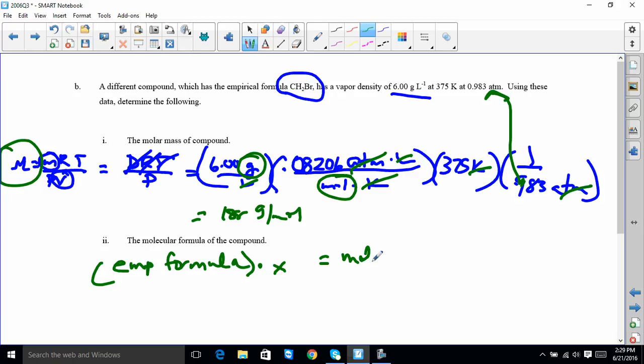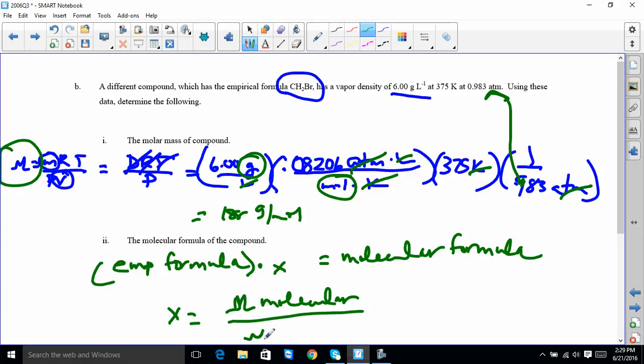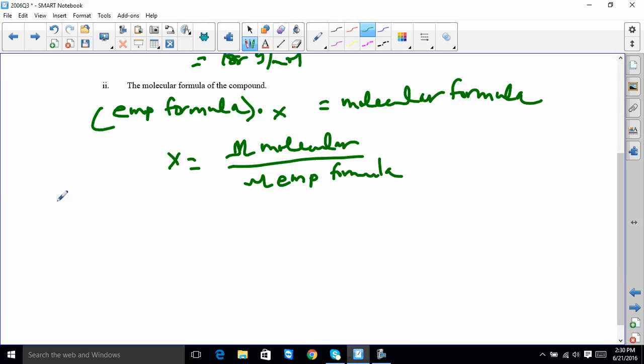And again, the empirical formula, which is the simplest whole number ratio, times some constant x equals the molecular formula, which is the real formula of the molecule. And so when you're doing this problem, x is always going to be the molar mass of the molecule divided by the molar mass of the empirical formula. And so an interesting thing happens here. We just solved for this was 188 grams per mole.